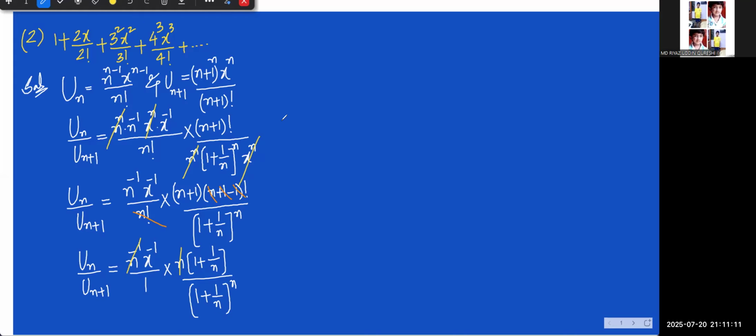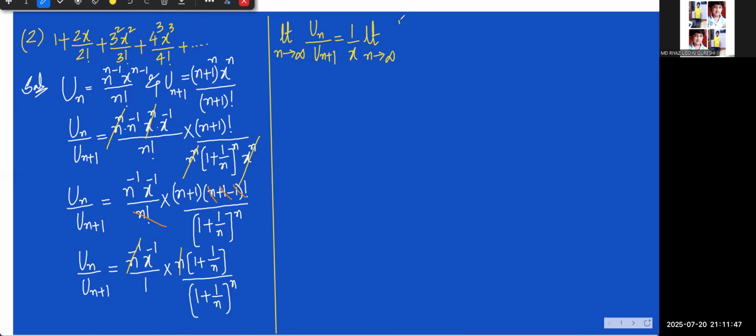Let us apply limit. Let us apply limit, n tending to infinity, on both sides. Taking limit n tending to infinity, un by un plus 1 is equal to x power minus 1, which can be written as 1 by x, times limit n tends to infinity.